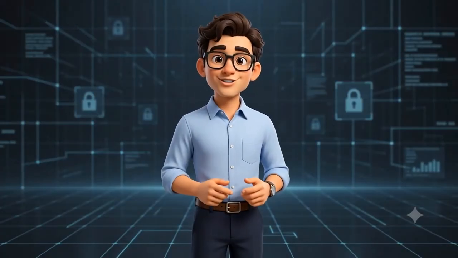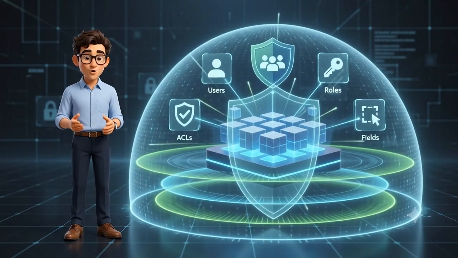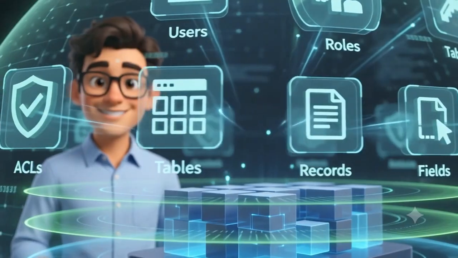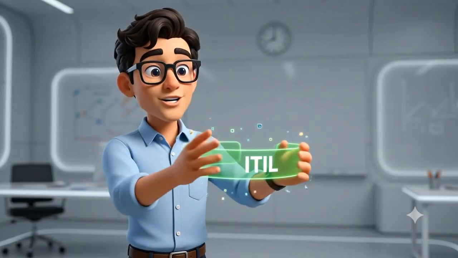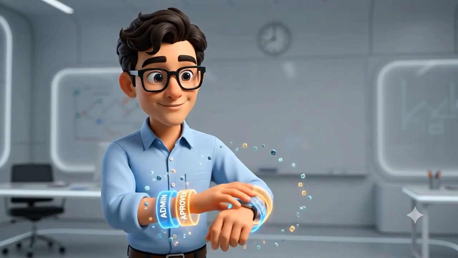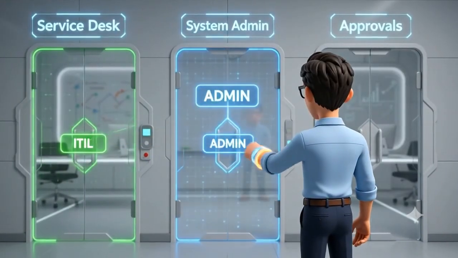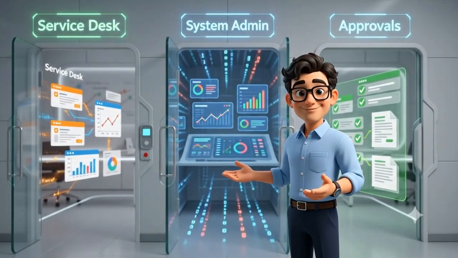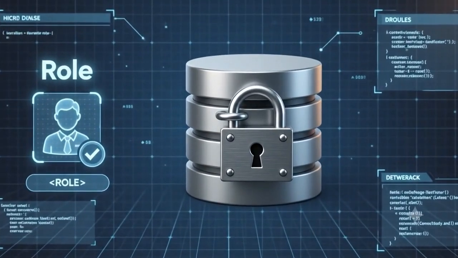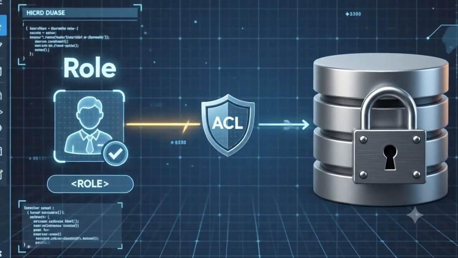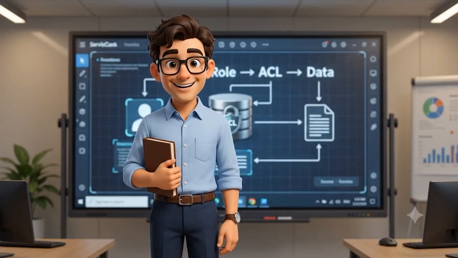Now let's talk about security. ServiceNow provides multiple layers of access control to protect applications and data. At a basic level, users are associated with roles, and roles determine what functionality and applications they can access. But roles are only part of the story. ServiceNow also uses access control rules, commonly called ACLs, to control access to data.